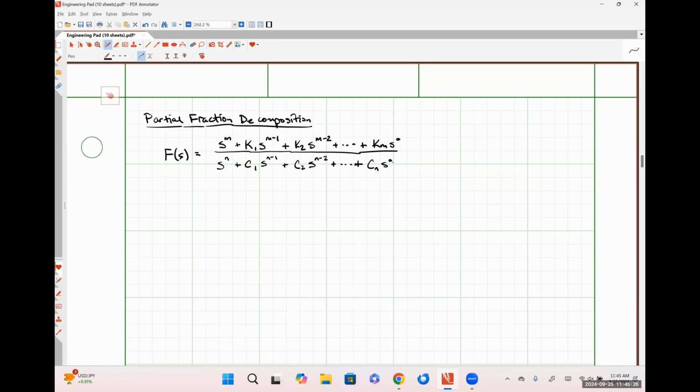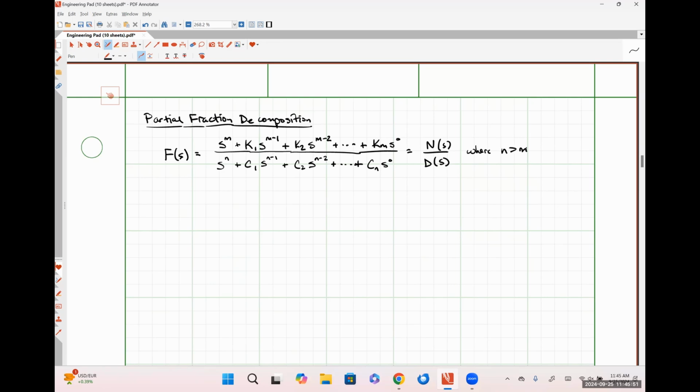So I have effectively some function N of s for my numerator and some function D of s for my denominator, where I'm going to put the constraint that n is greater than m, okay? Not greater than or equal to, greater than.